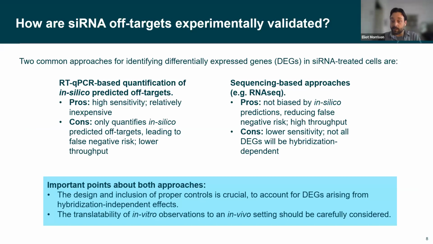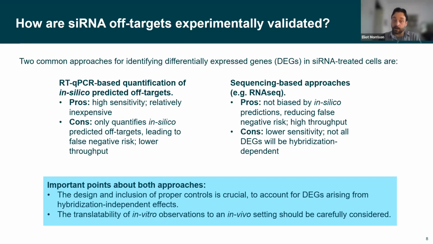So if you are targeting a certain target, you can test multiple sequences against that target. Because if you see common DEGs when you knock down your on-target, this is almost certainly not going to be driven by the sequence itself, because your sequences ideally should be completely different. So that's one strategy you can use.